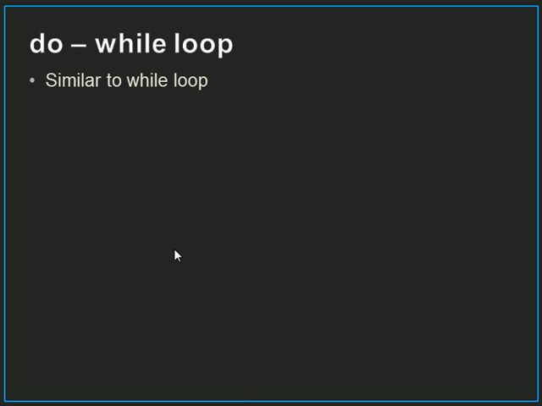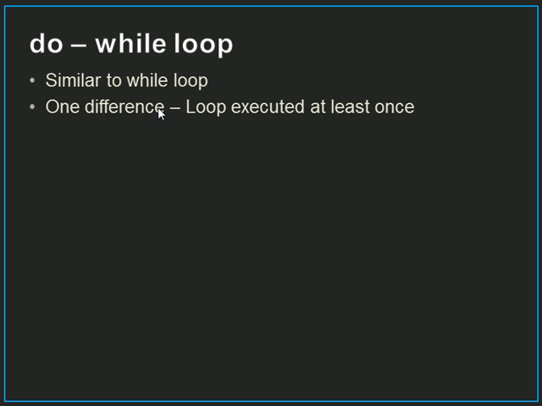Now there is another type of loop available in the C language called a do while loop. You can say it is the brother of the while loop. Let's see what a do while loop is. The do while loop is very similar to the while loop. There is only one difference. In the while loop you have a condition first, and if the condition is true, the loop is executed.